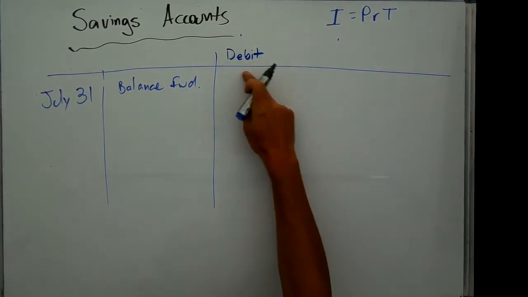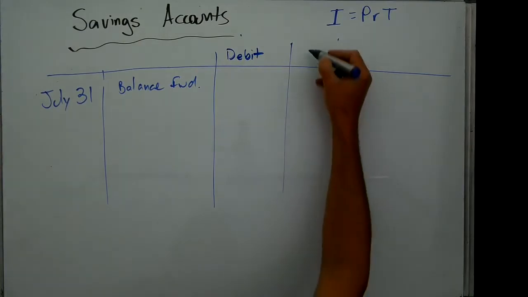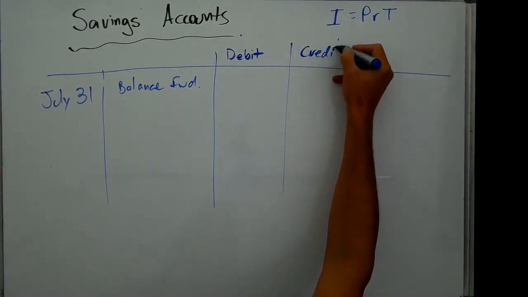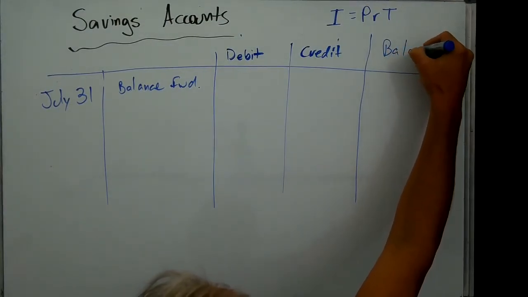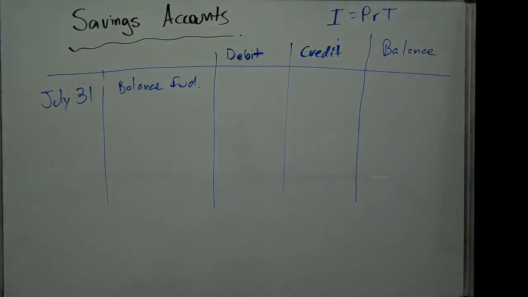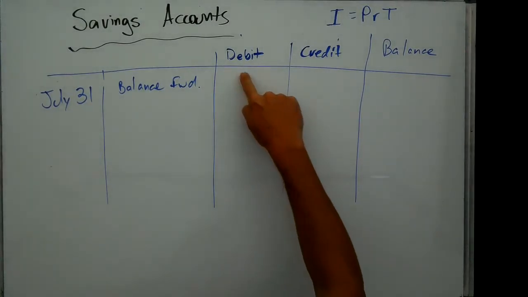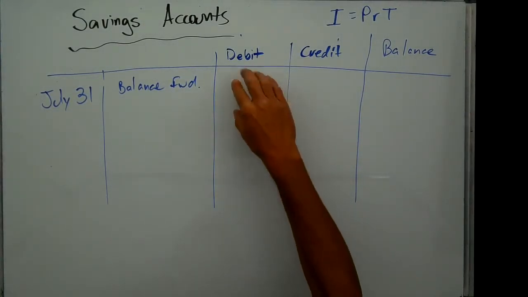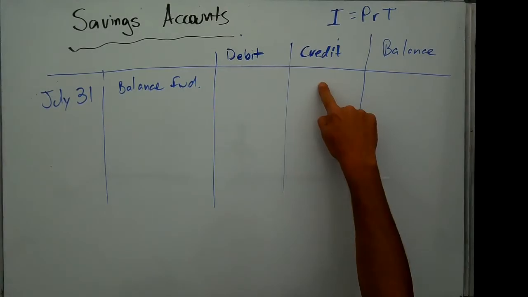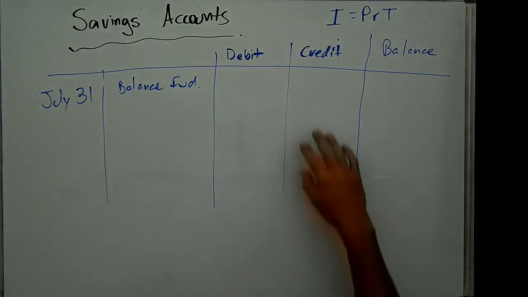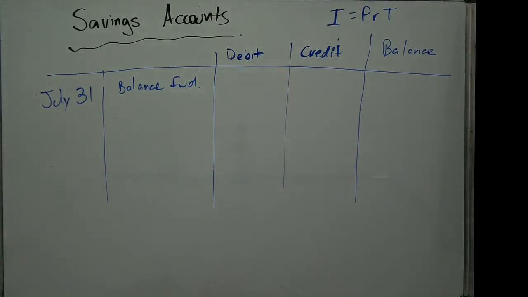Debit, which means taking money out. Credit. Balance with one L. Okay, so when your account, the bank debits your account, that's you making a withdrawal. When you make a deposit, they credit your account.